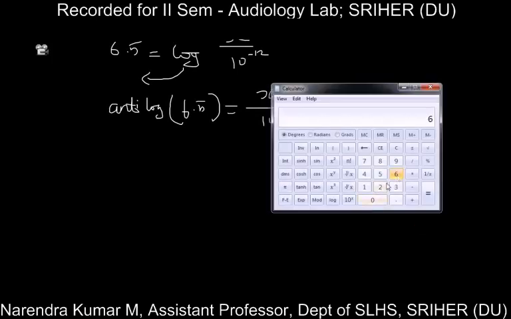In a scientific calculator, antilog is 10 to the power x. So if we put 6.5 and apply 10 to the power x, we will get the antilog of 6.5. Now we have a huge value, so let us see how many decimal points we need to move back. It is going to be 3.16 into 10 to the power 1, 2, 3, 4, 5, 6.